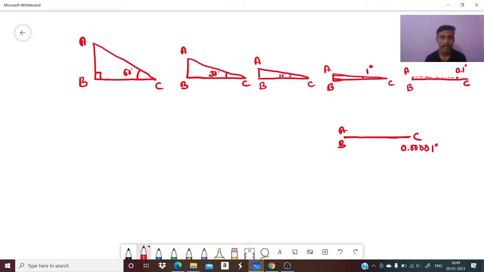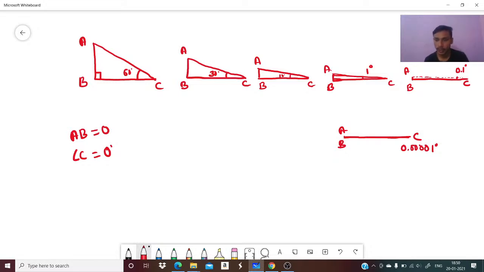This angle earlier was 60 degrees, then 30, then 10, then 1 degree, then 0.1 degree, and now it's 0.00001, so a negligible angle. Now you can see that AB here is approximately equal to 0, and this angle C is approximately equal to 0 degrees.